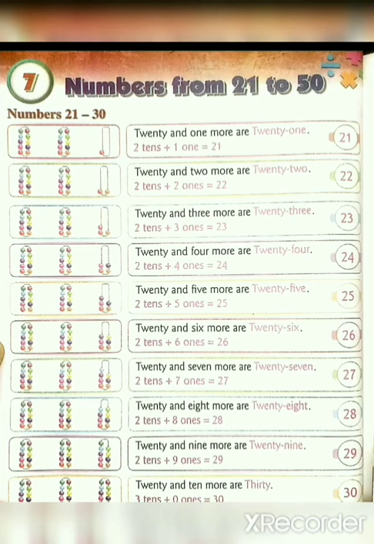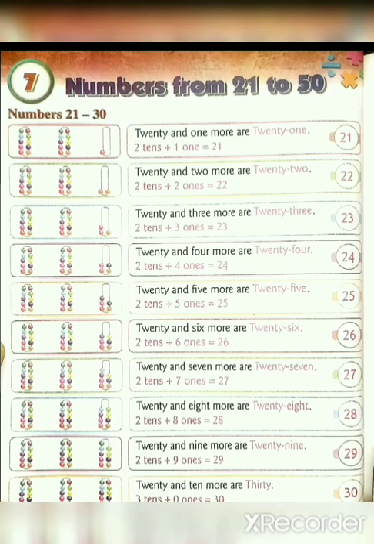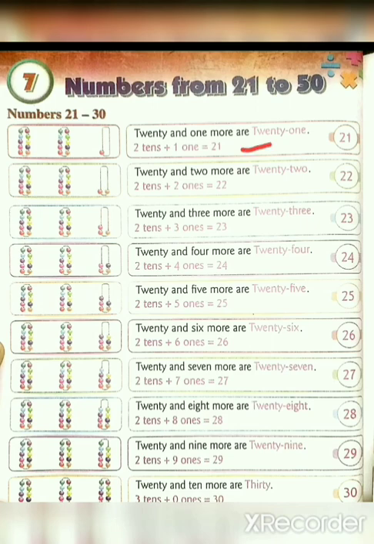Same you will understand here: 2 tens plus 1 one, 21. 2 tens plus 2 ones, 22. 2 tens plus 3 ones, 23. 2 tens plus 4 ones, 24. 2 tens plus 5 ones, 25. 2 tens plus 6 ones is equal to 26. 2 tens plus 7 ones is equal to 27. 2 tens plus 8 ones is equal to 28. 2 tens plus 9 ones is equal to 29.